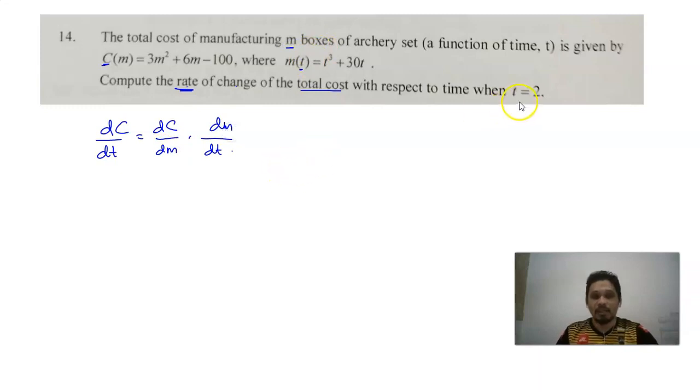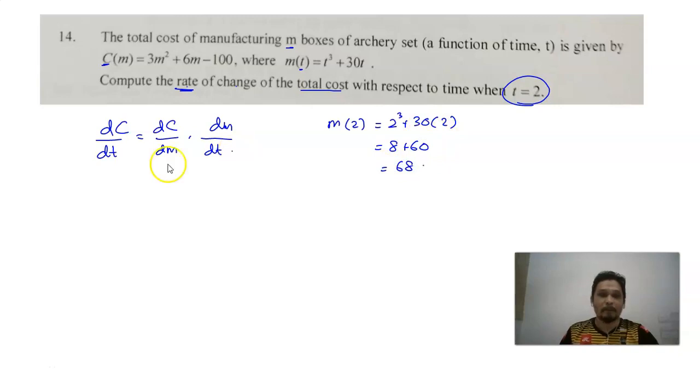Okay, now, when given t equal to 2, let's substitute here: m equals 2 cubed plus 30 times 2. 2 cubed equals 8, plus 30 times 2 equals 60, equals 68.